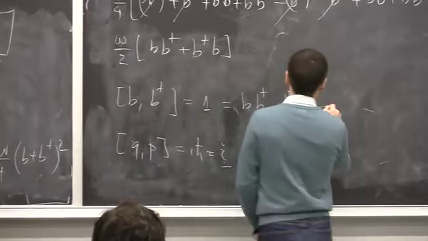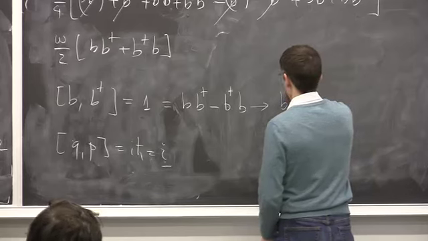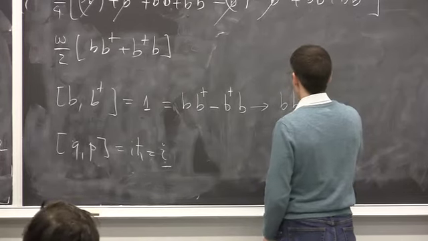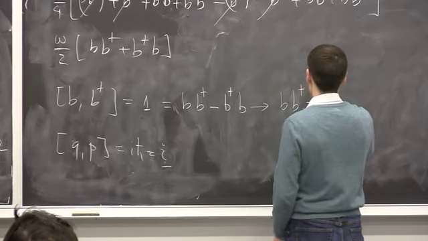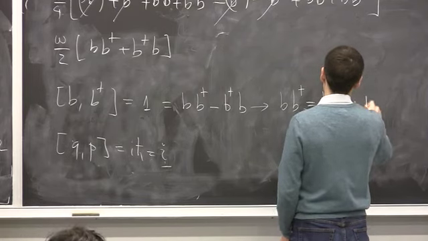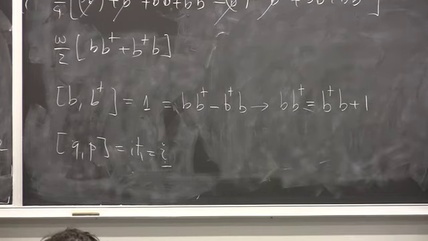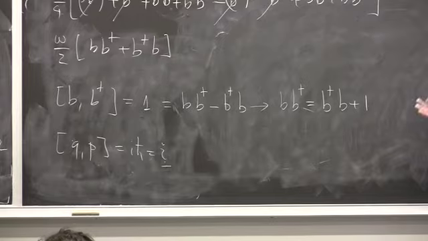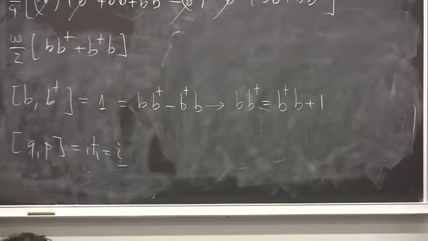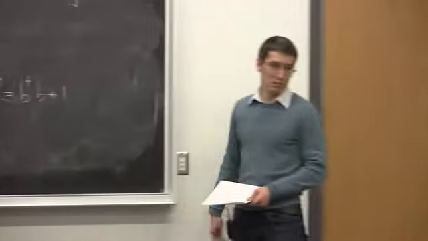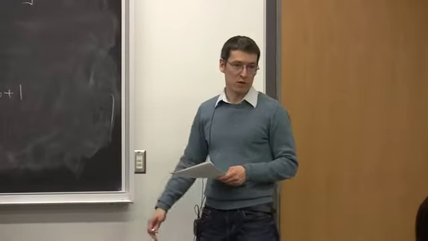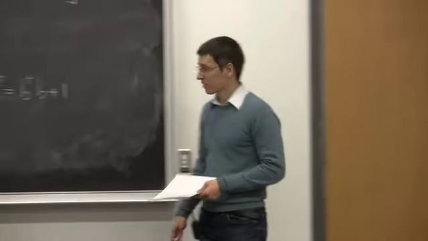Now, this means that we can substitute b b dagger always by b dagger b plus 1, right? As I promised, it's pure algebra. You can actually code it in a computer, so the computer will derive all the expressions. Okay?